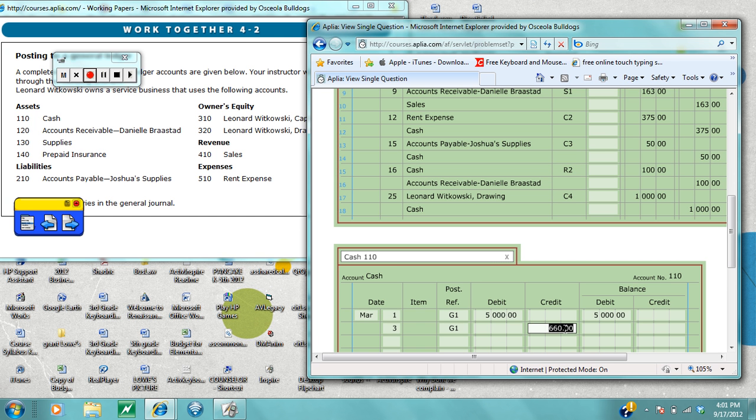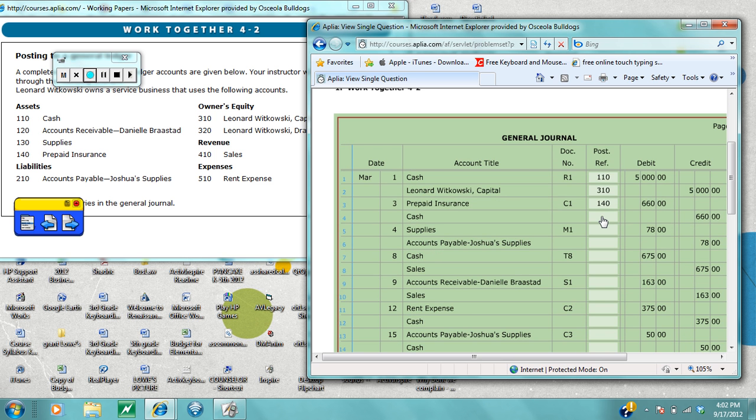Grab a calculator so I don't mess up. 4,340. Right? Wrong? Could be wrong. Yep, 4,340. That's your balance. It's just like your checkbook. You have to keep track of how much money you have in your account. Take this 110, put it back in cash.